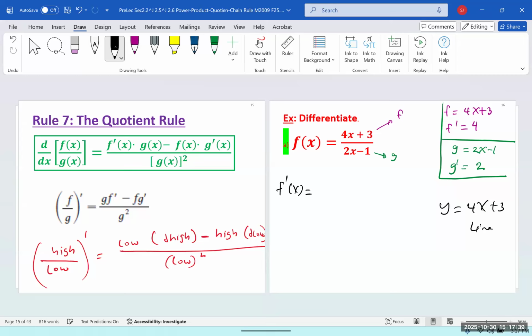It's a line. So this is your m, this is your b. It's y equals mx plus b, and m is the slope. Derivative is the slope. Okay, so f prime g minus g prime f whole thing divided by g squared.